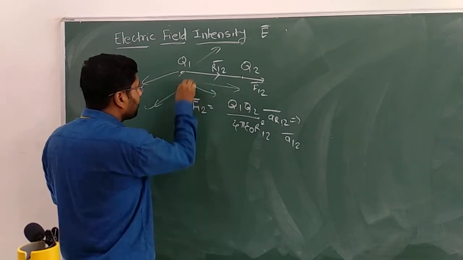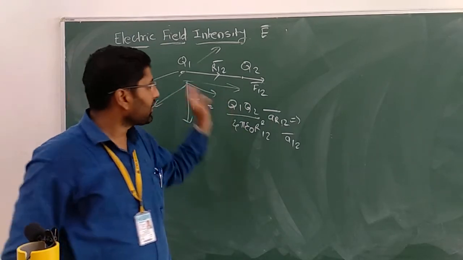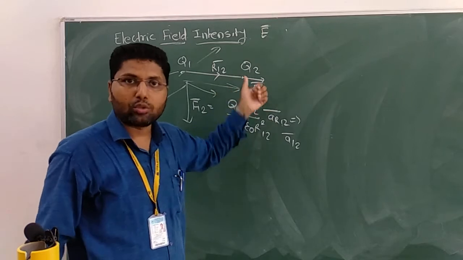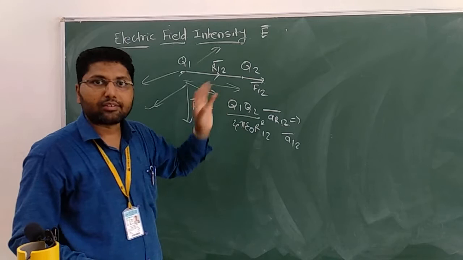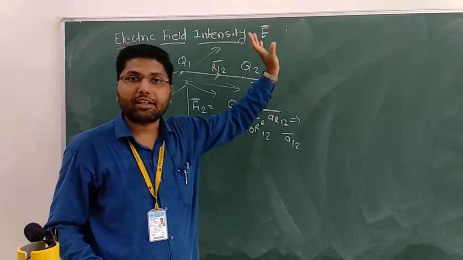When Q1 applies a force on Q2, the electric field intensity will emerge across this area. This field is called the electric field intensity.